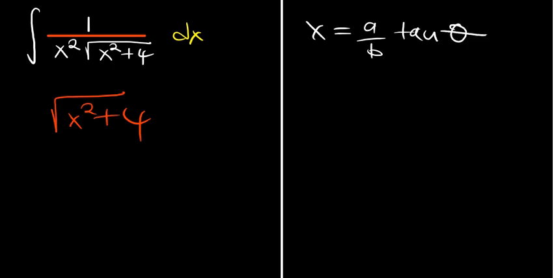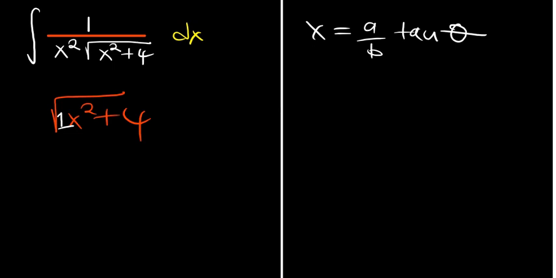A few things that I've highlighted: b is the value attached to x, and a is the one away from x.